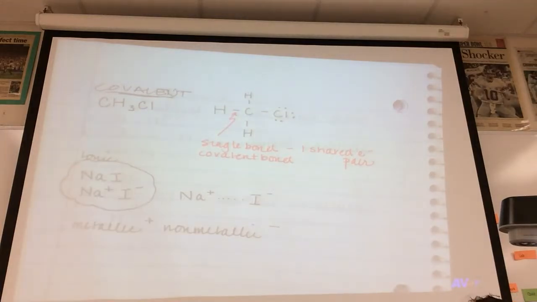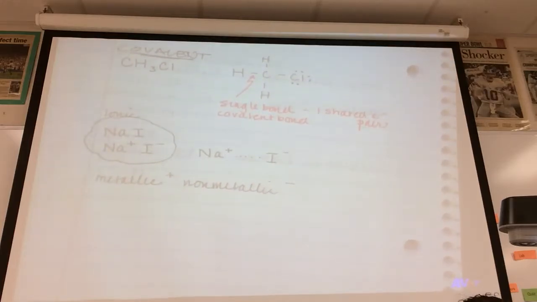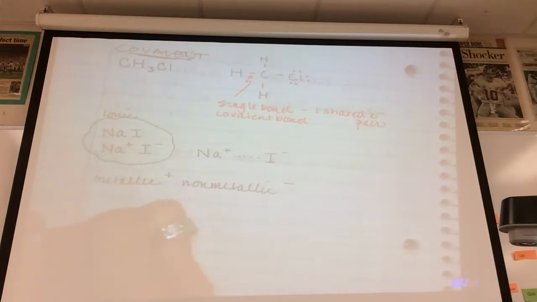The only thing you really have to be careful with is typically if you have a polyatomic ion, let's say you have sodium sulfate. This is an ionic compound, metallic cation, nonmetallic anion, and you have a polyatomic anion here as well. What you have to be careful with is hydrogen.